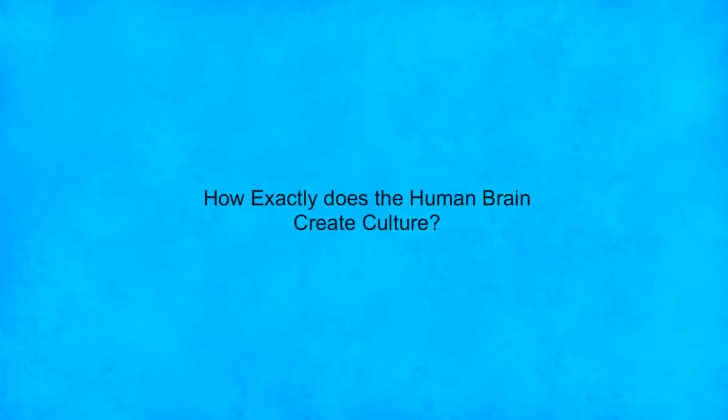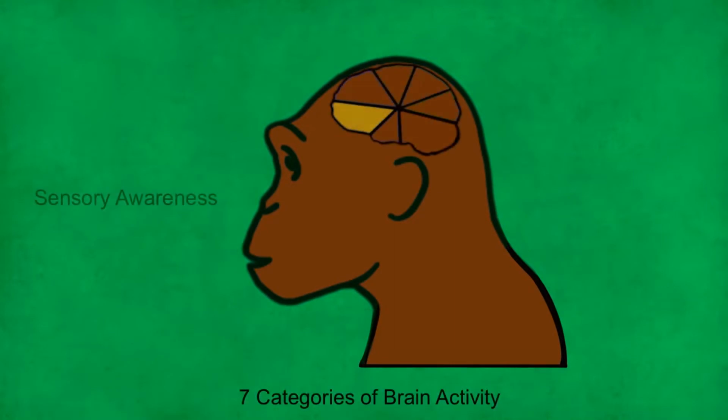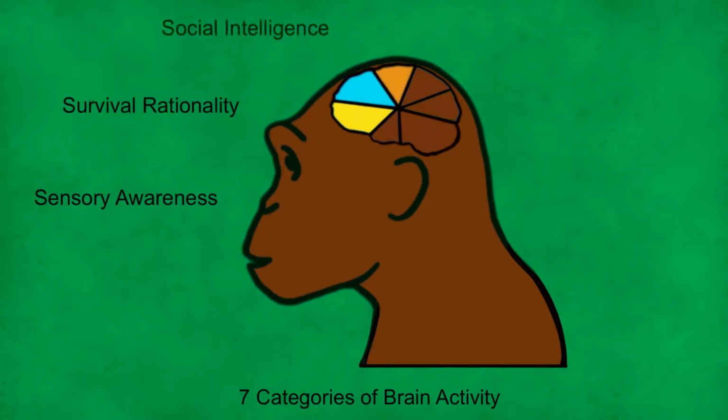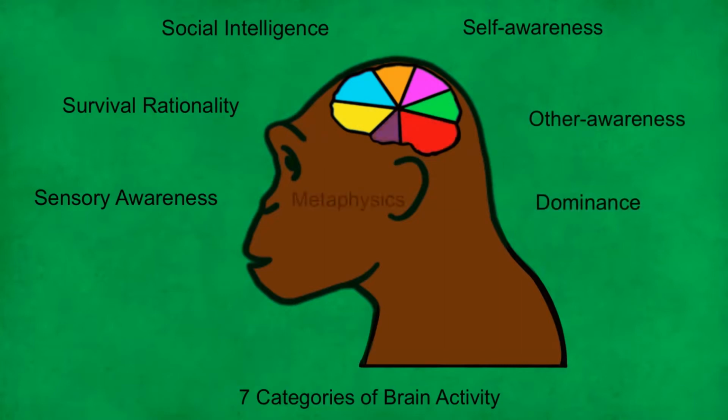How exactly does the human brain create culture? In the first video of this series, we saw how the evolved brain of an ancestral human can be seen to be composed of 7 basic areas of neurochemical activity: sensory awareness, survival rationality, social intelligence, self-awareness, other awareness, dominance, and metaphysics.